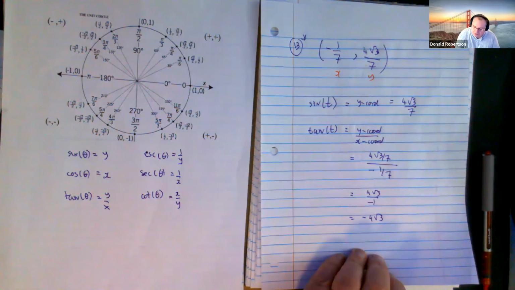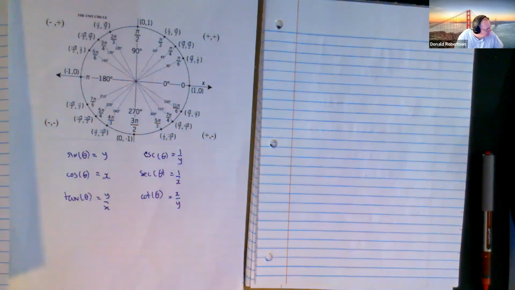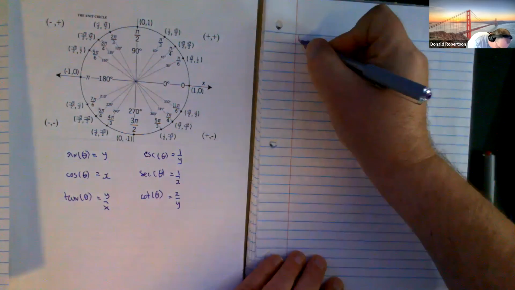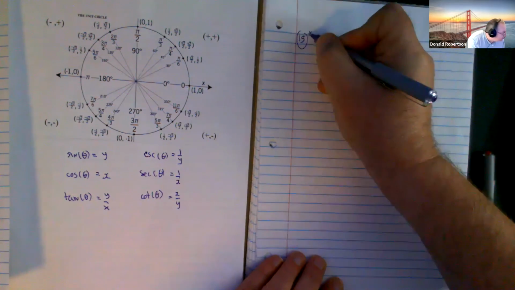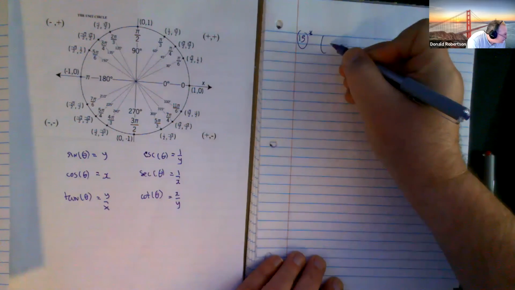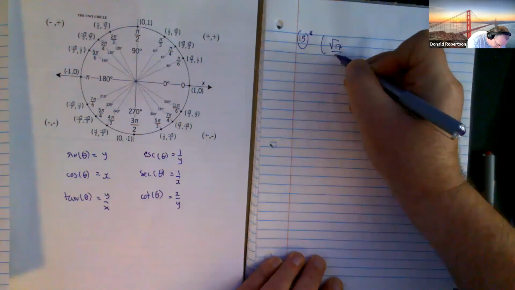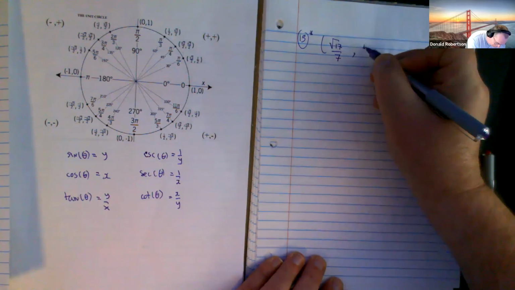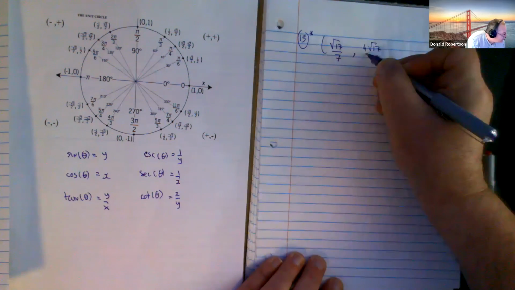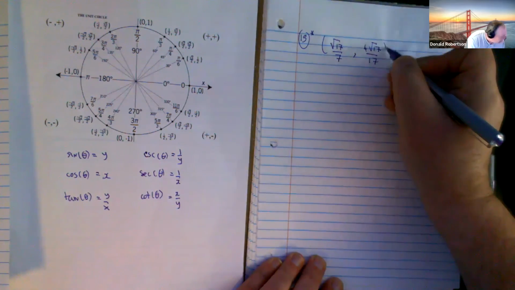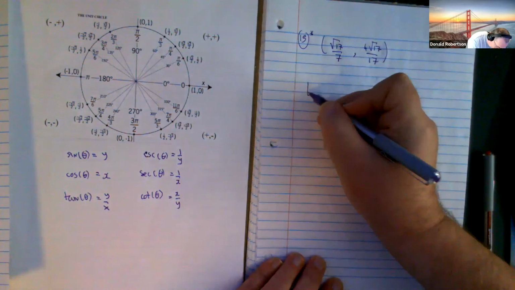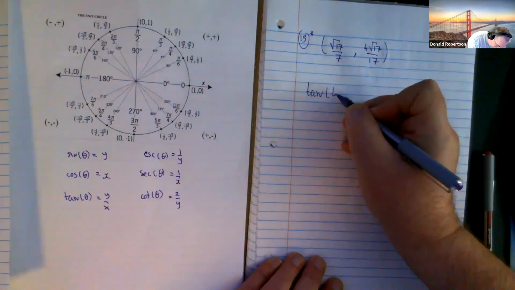Here we go. Okay, let's pick this one. I just saw some really ugly fractions. Square root of 17/7, comma, 4 square root of 17/17. And let's just find the tangent.